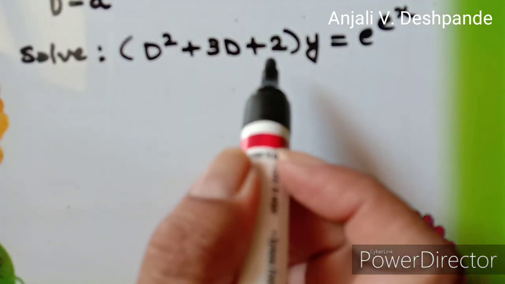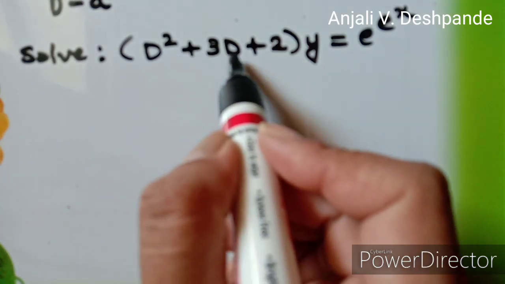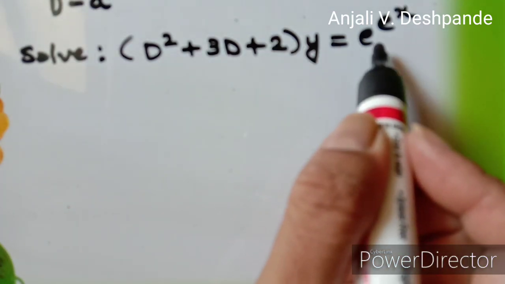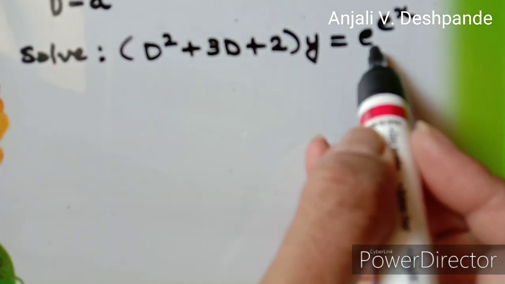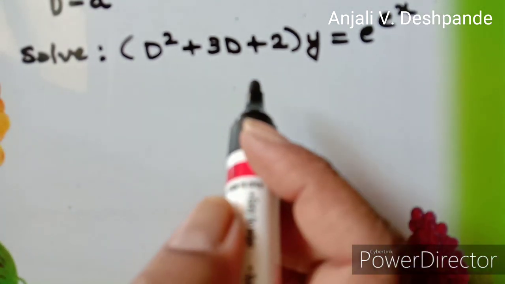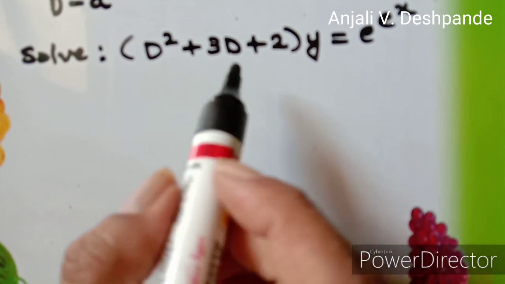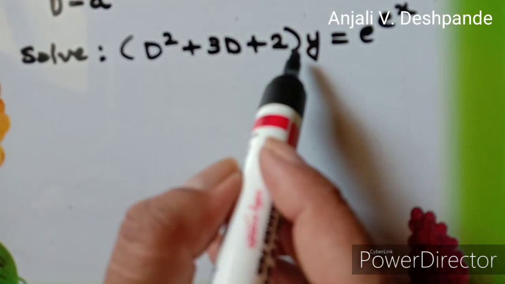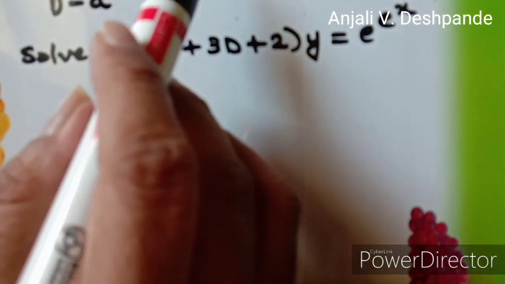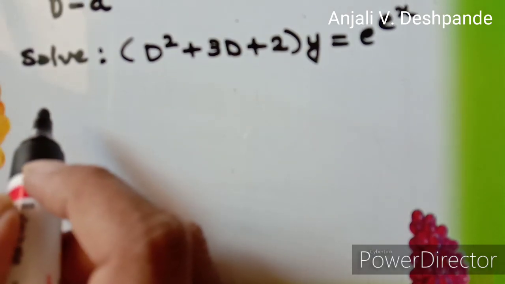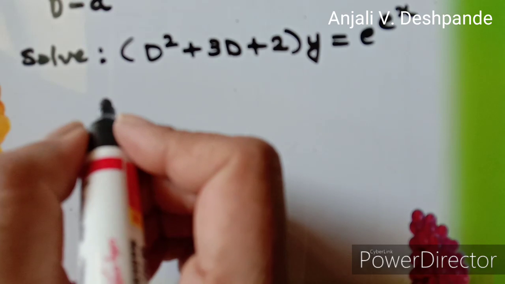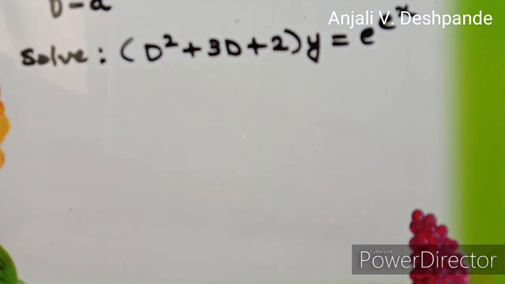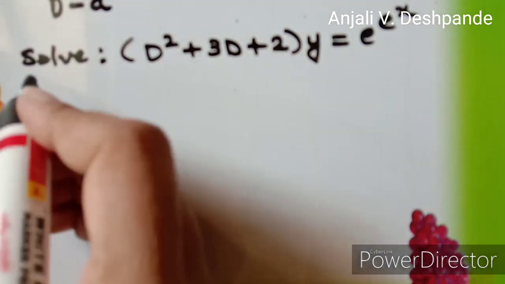Now let's say that the given example is like this: (D square plus 3D plus 2)y is equal to e raised to x. So this is the function which is not covered by any of the other cases. We shall now see how to solve this particular example by making use of case 5. Once again, the auxiliary equation, you have to find it, then find the factors and solve for the CF.